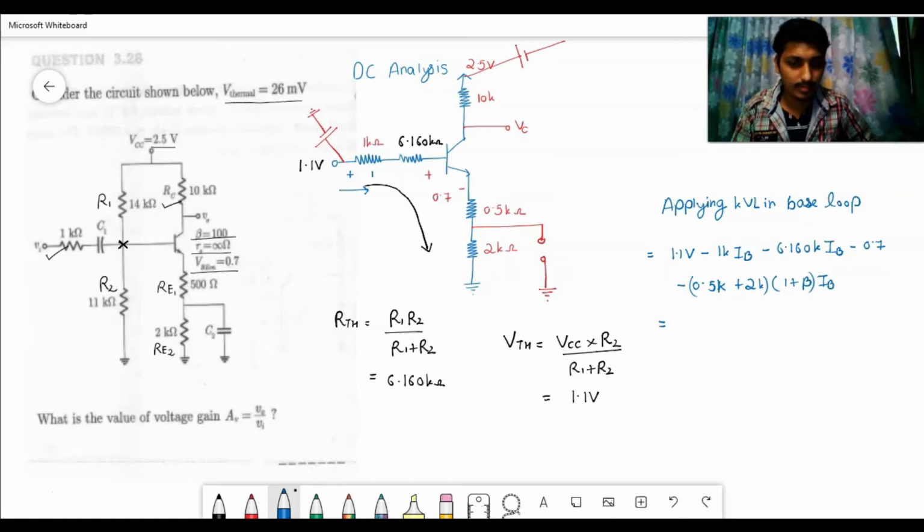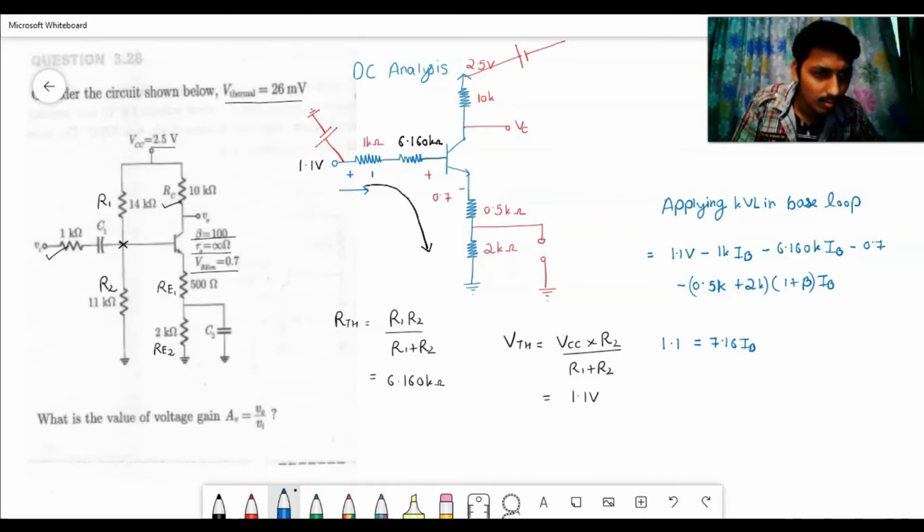Simplifying this equation right now: 1.1 equals 1k plus 6.160, which is 7.16 IB, plus 0.5 plus 2, which is 2.5, and beta plus 1 is 101, into 2.5.